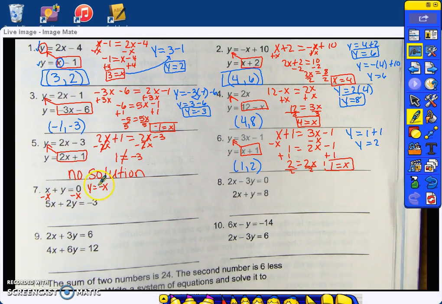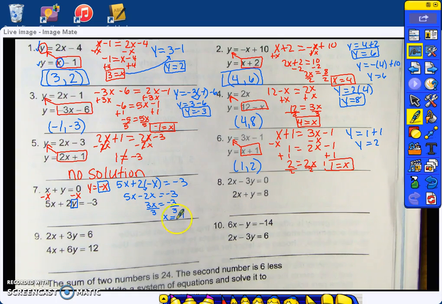I'm going to take this negative x and plug it in everywhere I see y in my second equation, because I need to use the other one. So that gives me 5x plus 2y, my y is equal to negative x, equals negative 3. 2 times negative x is negative 2x. 5x minus 2x is 3x. And negative 3 divided by 3 is negative 1.